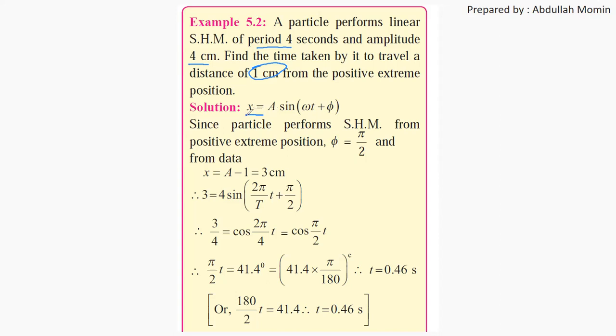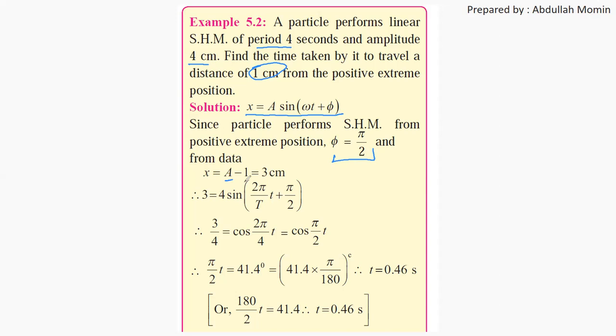So we have the equation of displacement of a particle. Since the particle starts SHM from the positive extreme position, its phase can be written as pi by 2, and its amplitude is 4 centimeter.